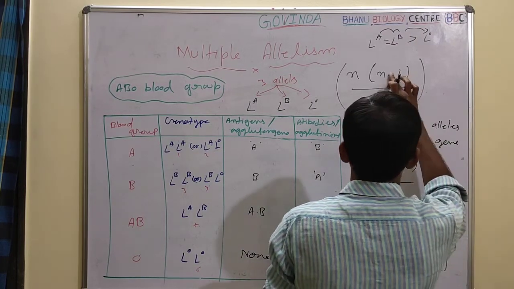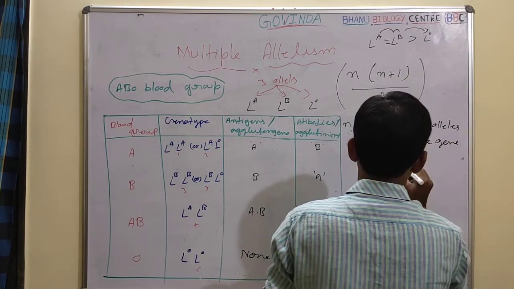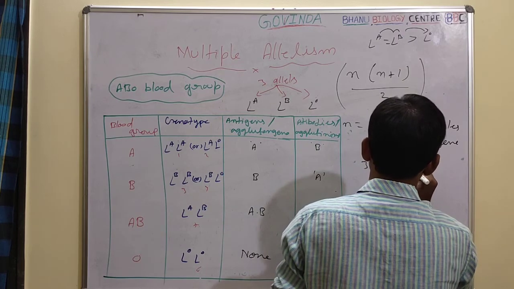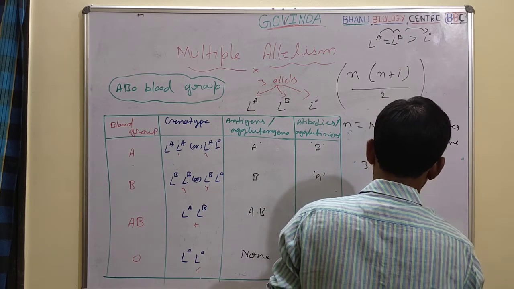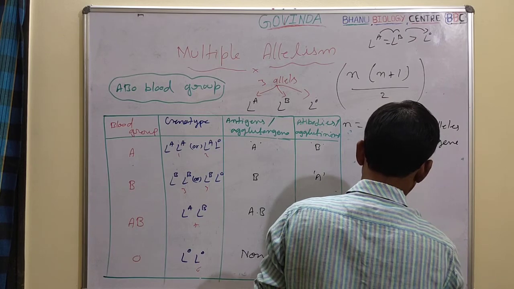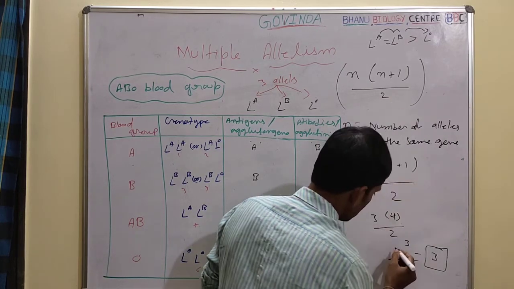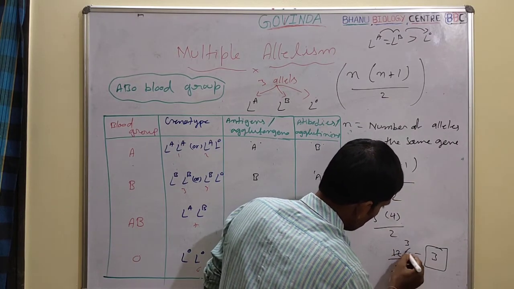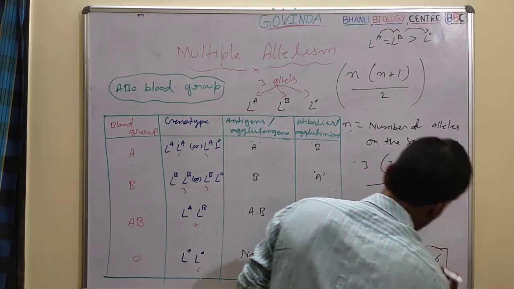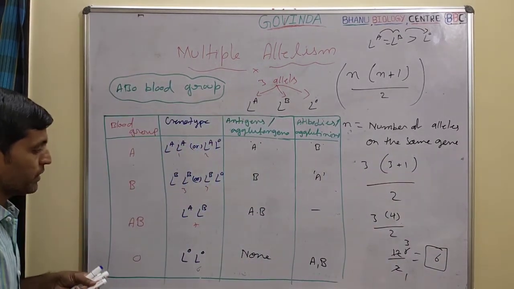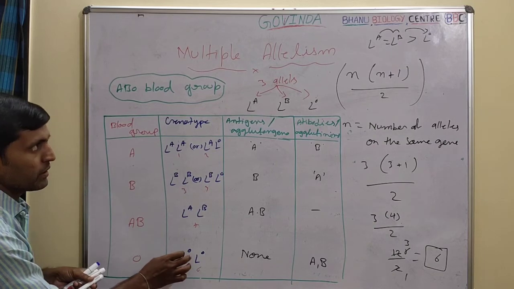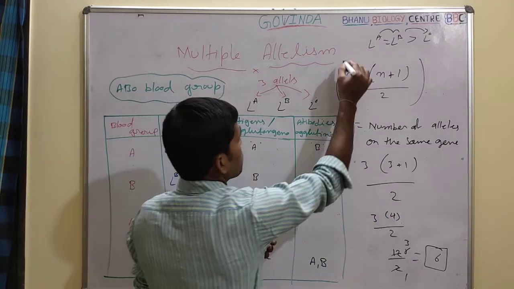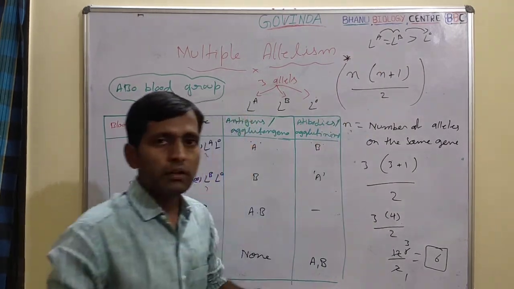Sorry, the formula is n into n plus 1 by 2.